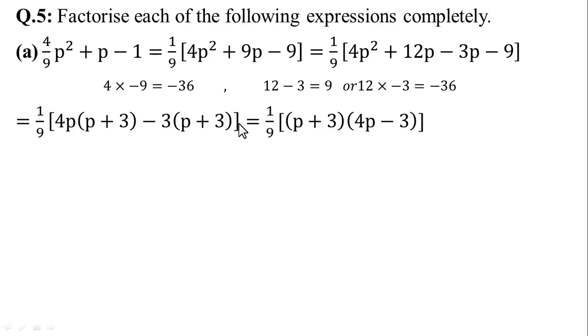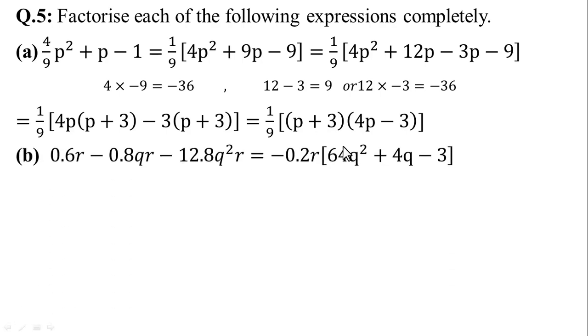So we have (p plus 3) into (4p minus 3). So the final answer is 1/9 into (p plus 3) into (4p minus 3).